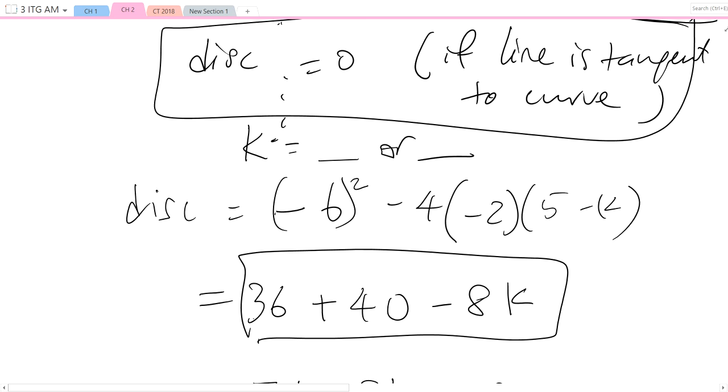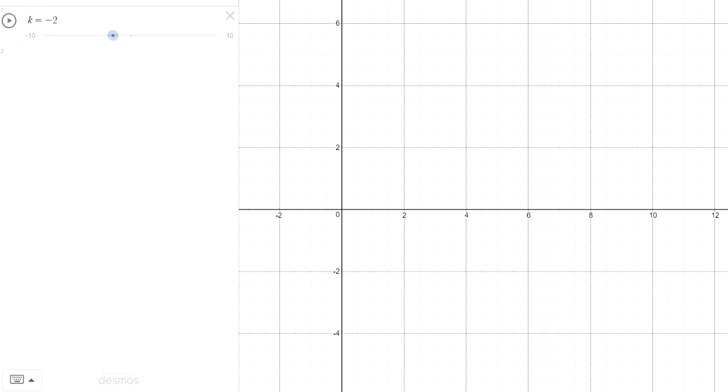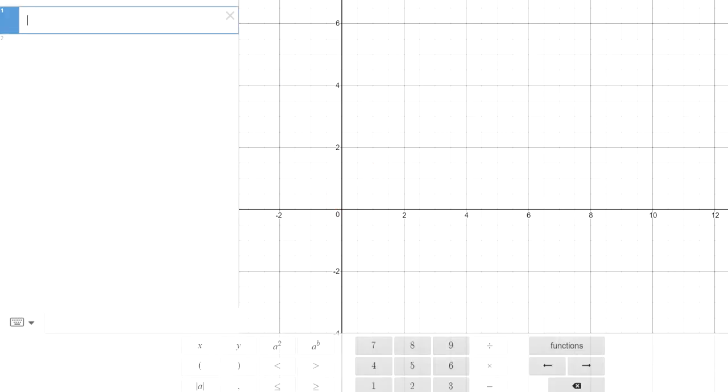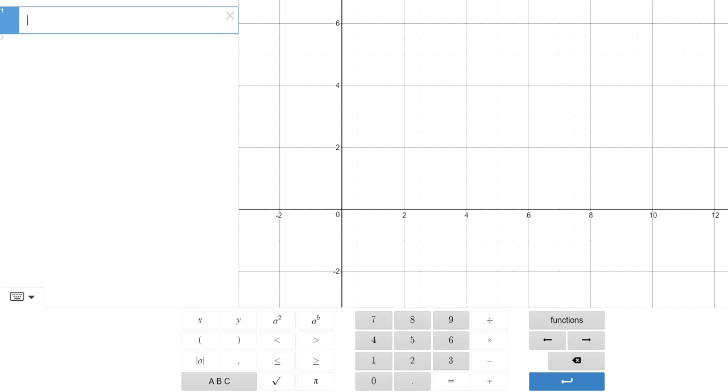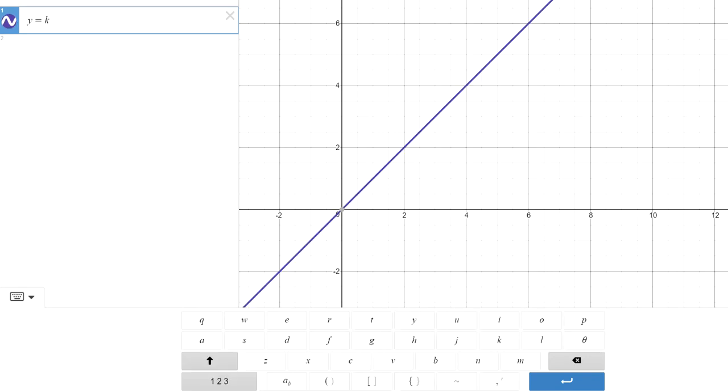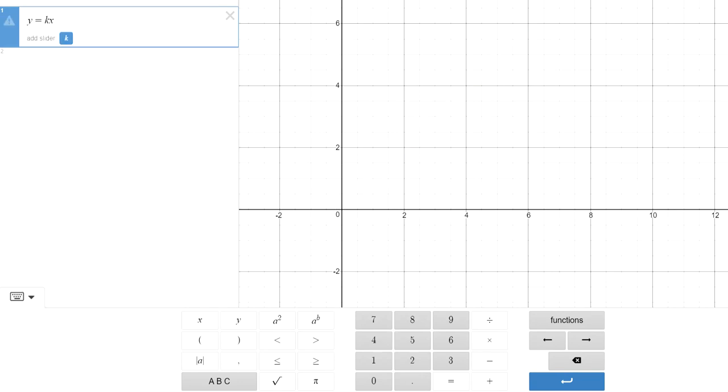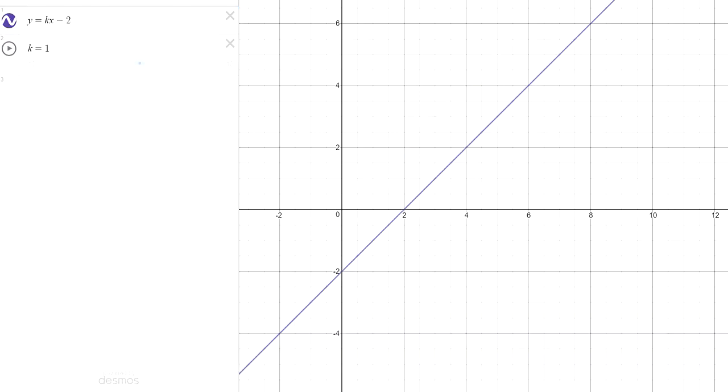So how does the graph look on the other side? The first one, question 1? Okay, question 1. The graph for question 1: y equals kx minus 2, add a slider.